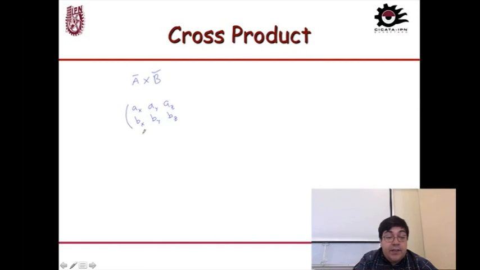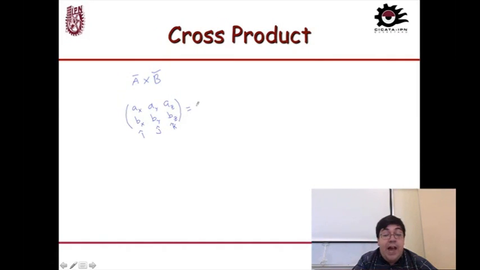And then I'm going to write down here the unit vectors along the three directions, i, j, and k. And basically, the result of the cross product is just taking the determinant, or something equivalent to taking the determinant, of this matrix.